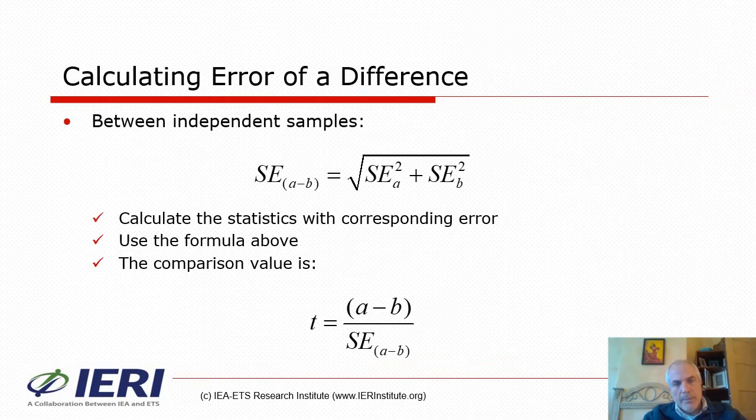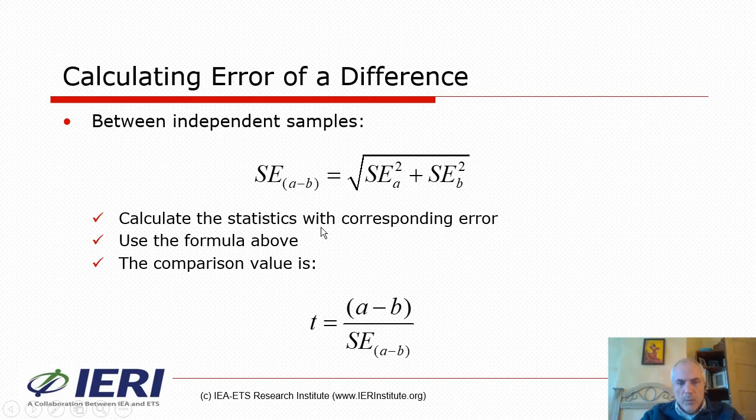So between independent samples, we use the formula that we learned in Statistics 1, the first course of statistics that we took, which is you combine the two variances of the two statistics and take the square root of that.